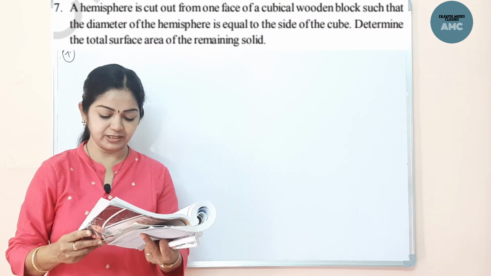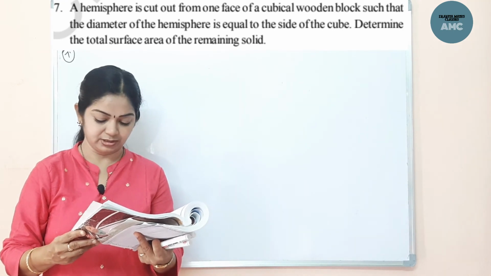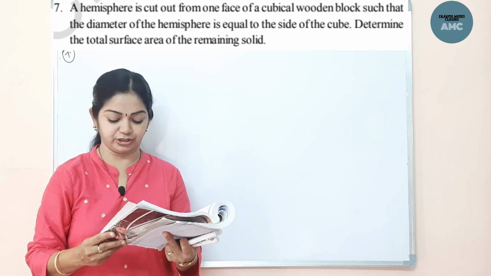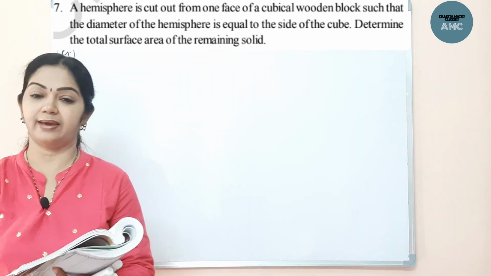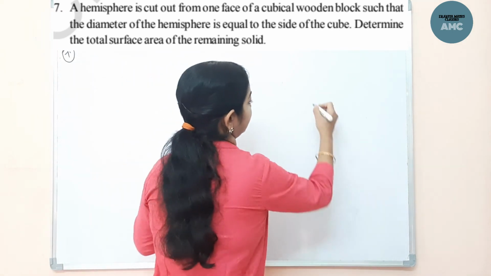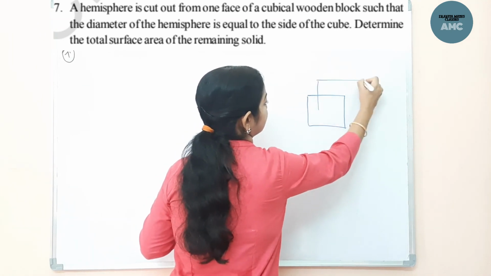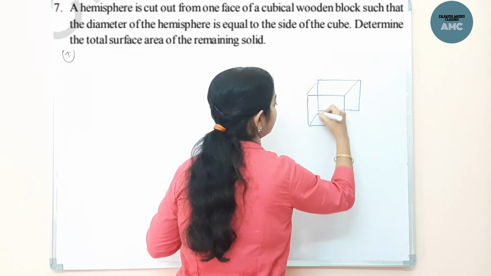Next problem: a hemisphere is cut out from one face of a cubical wooden block such that the diameter of the hemisphere is equal to the length of the cube. Determine the total surface area of the remaining solid. So a hemisphere is cut from a cube. Let us draw the diagram here. If the cube is like this, okay, this is a cube.